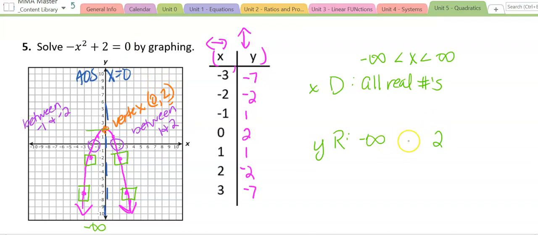So that's our y values. It's less than or equal to 2, and it's just less than infinity. So what this is saying is y is greater than negative infinity, but it's less than or equal to 2. And this is what it'll be if it's just the single term solution. The other thing I did want to point out is your vertex just happens to be your maximum value here. It is the highest value, okay? So it's the biggest number.